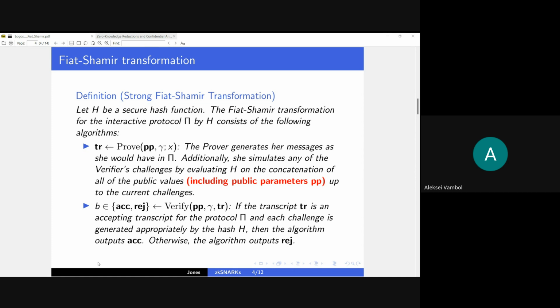Because if we talk just about the Fiat-Shamir transformation, does it by default mean strong or weak, or is it some gray zone, and we should explicitly say that we are talking about strong Fiat-Shamir transformation?